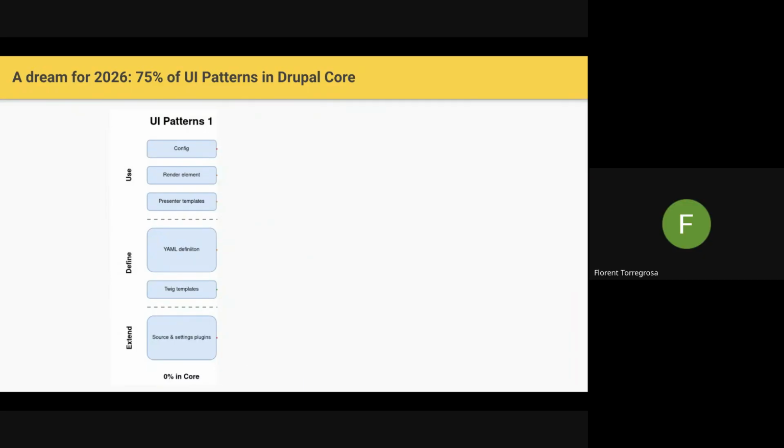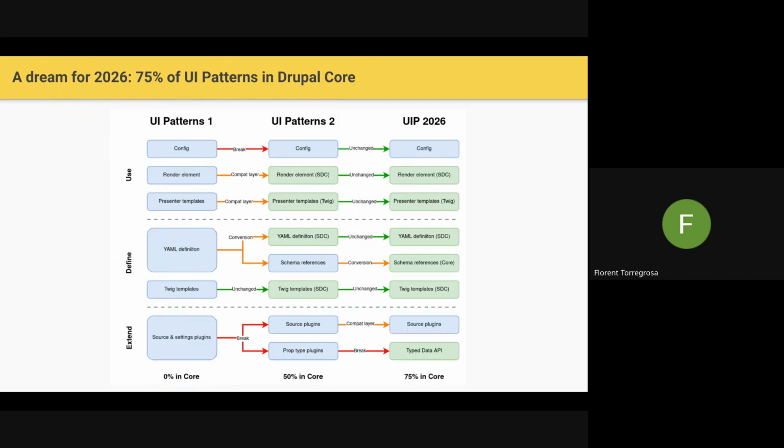So this is the big plan for this year and maybe next year. I guess it will be maybe for the next minor versions of Drupal 11, but there is a higher chance that it will be for Drupal 12. It is the incorporation of more and more UI Patterns APIs into core directly. That is also the occasion to simplify some UI Patterns too.